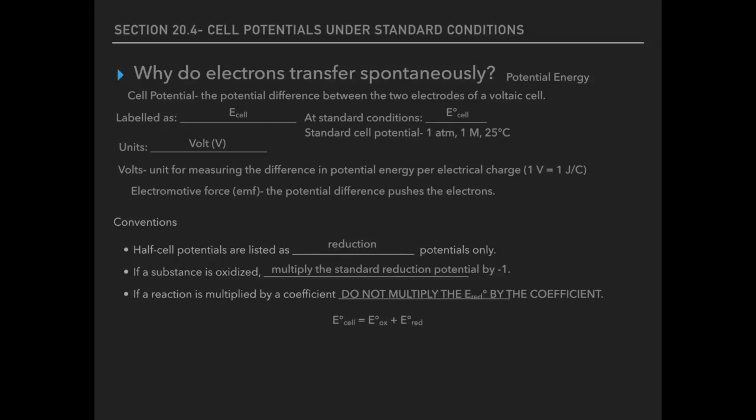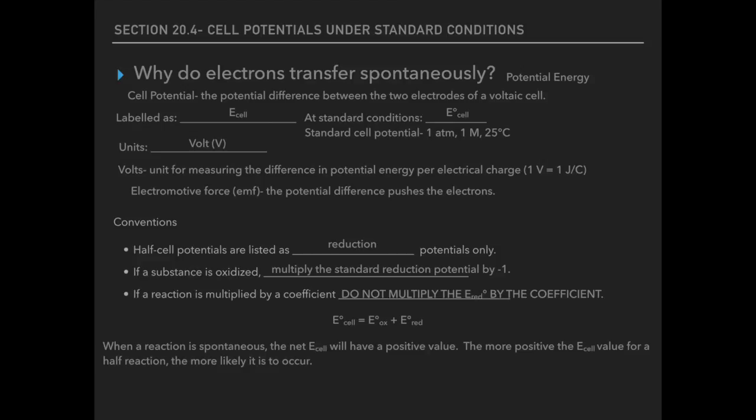The last thing I wanted to show you was the equation for determining the cell potential. And so what you do is you take the oxidation potential and you add to that the reduction potential. And so when you add those two together, there you will get the cell potential. Cell potential is simply the potential difference between your two electrodes.